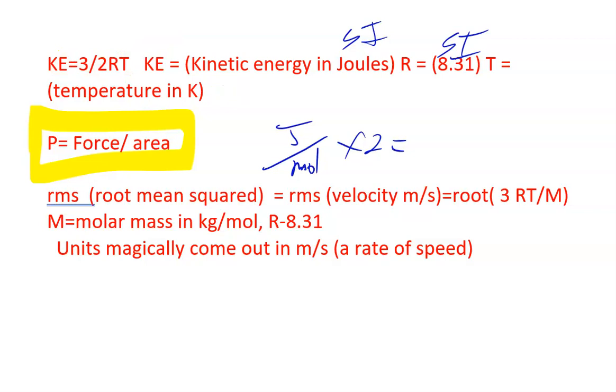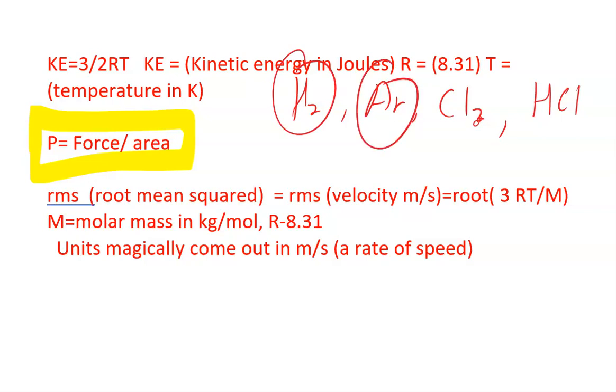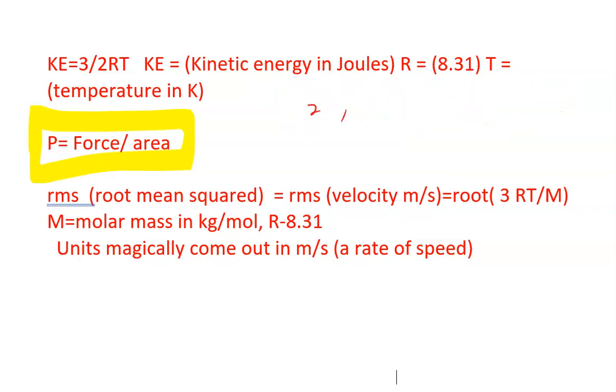This also says that every gas, whether it's hydrogen gas, a monoatomic like argon, a fatter one like chlorine gas, or a compound like HCl gas, at the same temperature would have the same energy per mole. Even though this one's smaller and this one's bigger, they would have the same energy per mole. That's a lot to say for something that I'm not going to ask you.